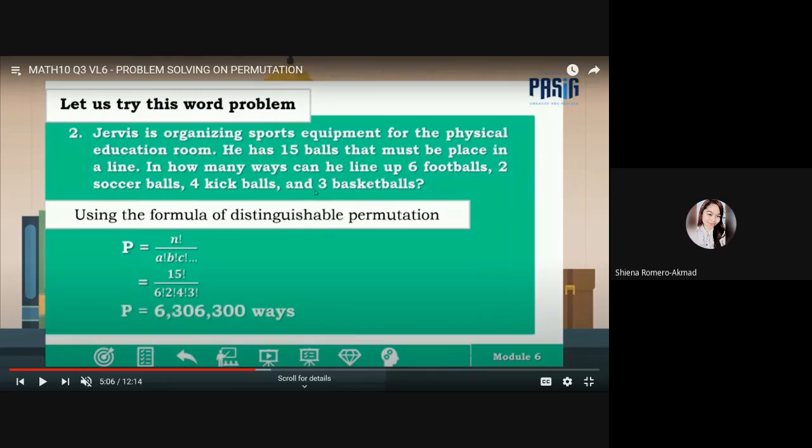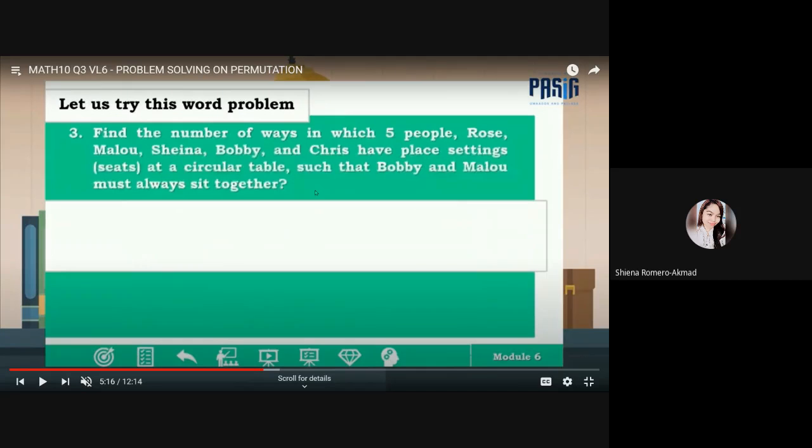Next, after performing the indicated operation, we'll have 6,306,300 ways.